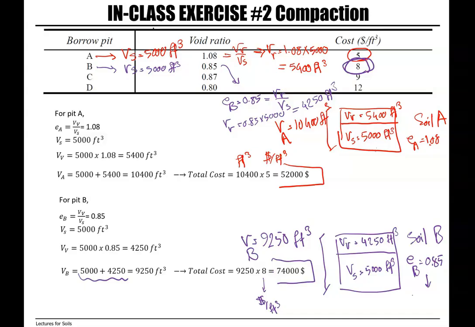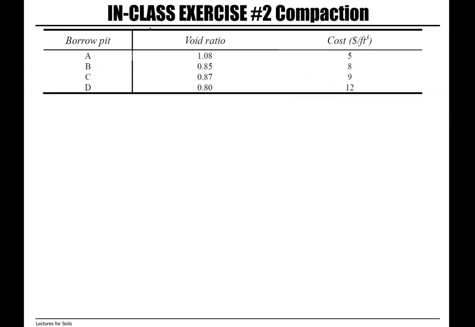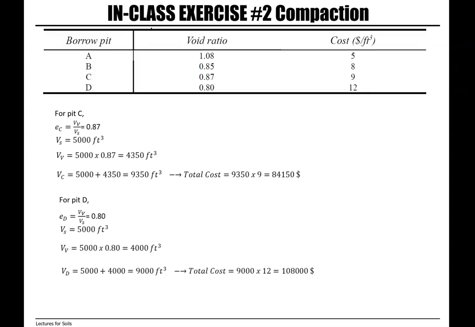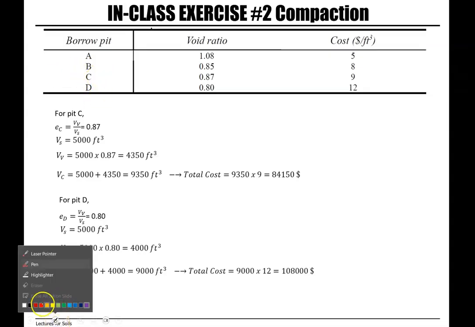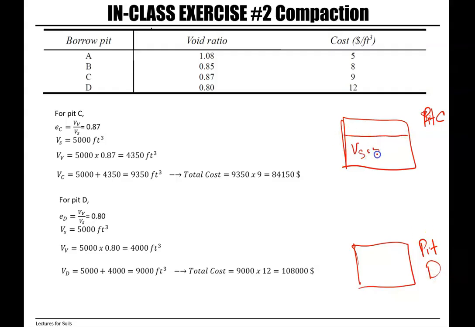You need to repeat this for pit C and D. Again, for both of these, for pit C and pit D, volume of solids is still 5,000 cubic feet.